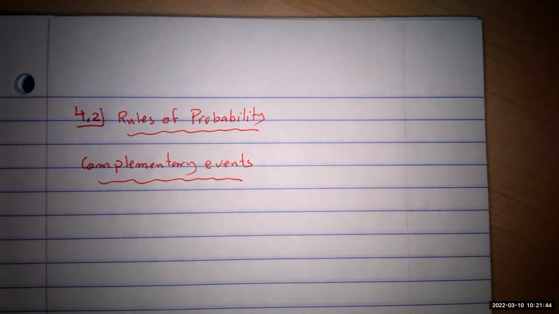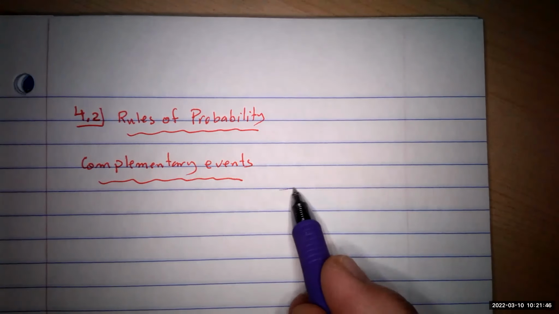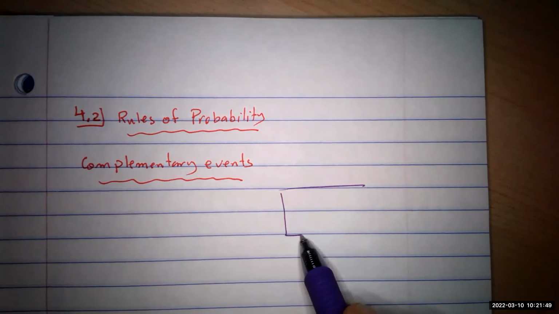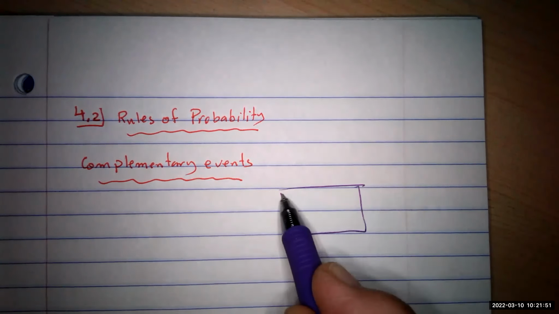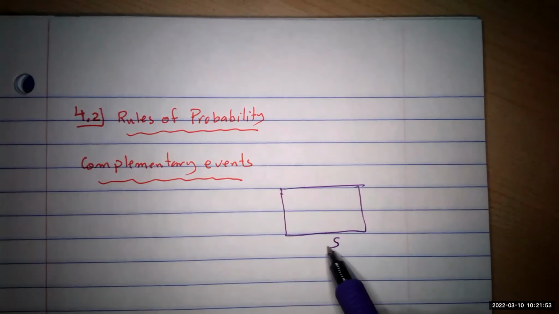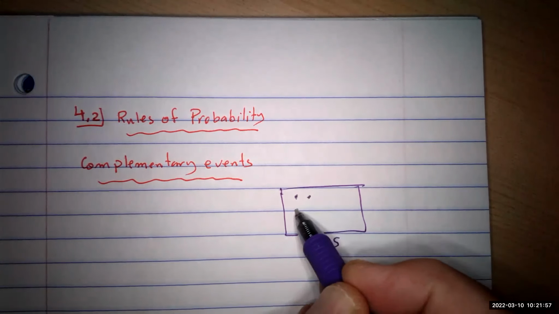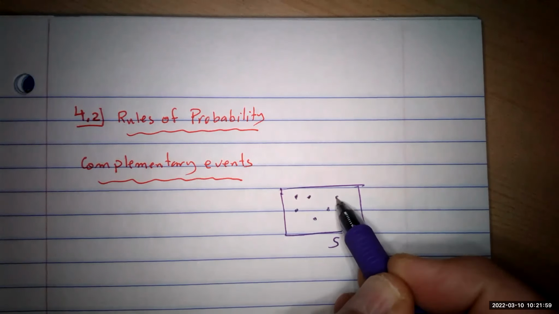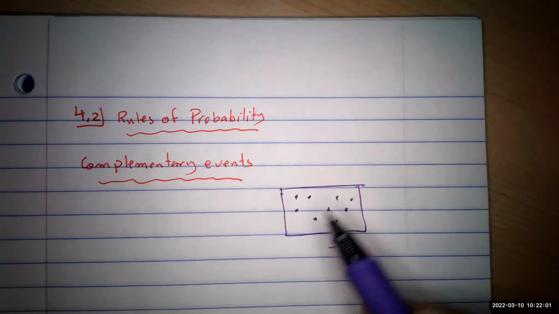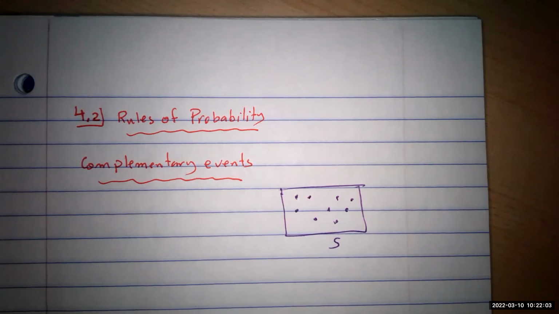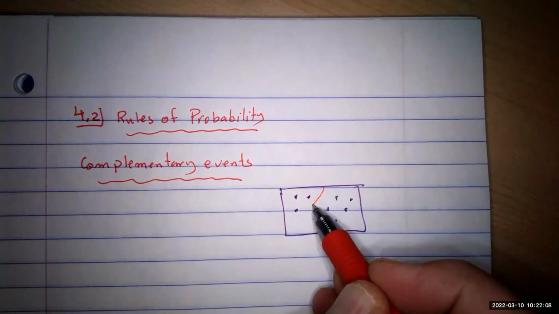You see, for example, if this is your sample space, which contains all the possibilities, and these are some events that you have in your sample space. If you consider an event, you know that it's a collection of these outcomes.